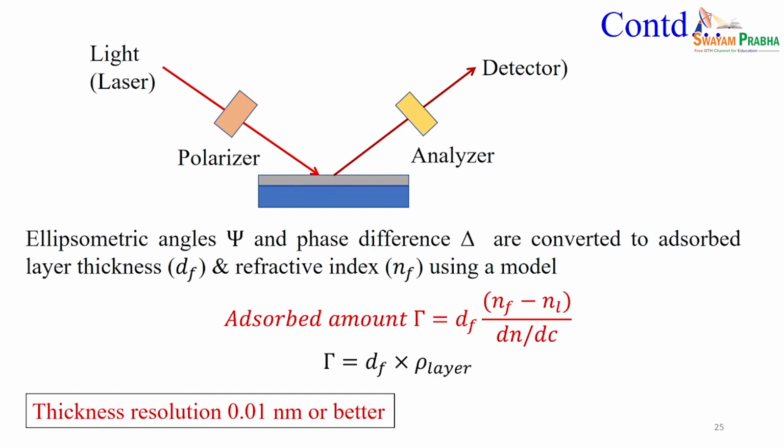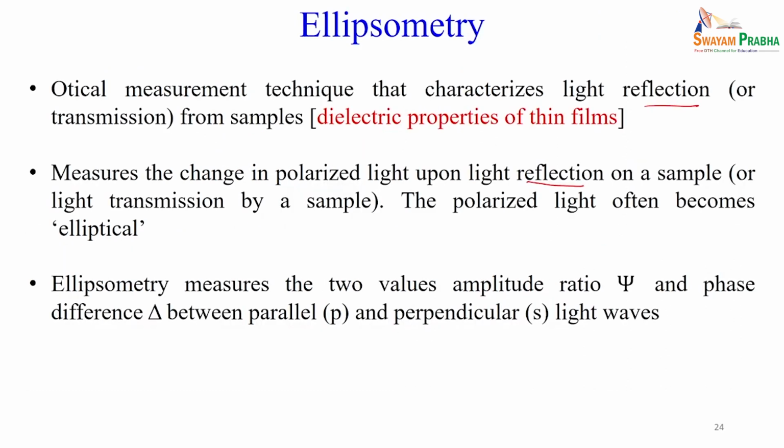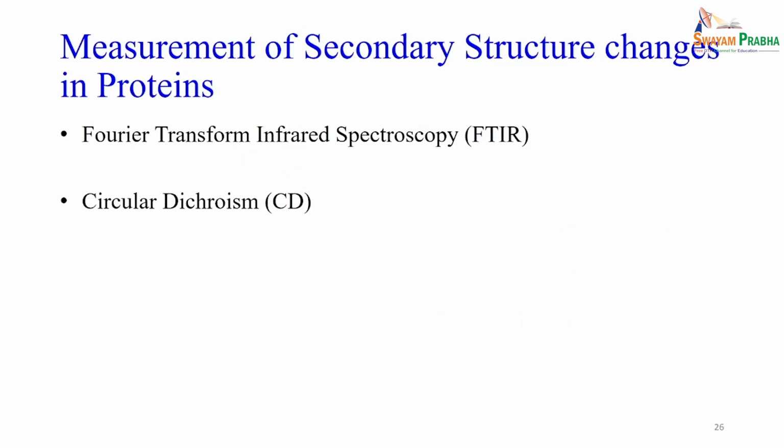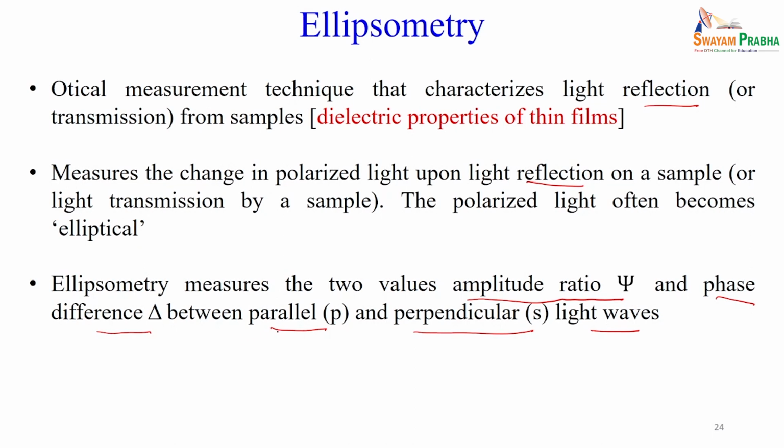So, during this process we monitor the amplitude ratio as well as the phase difference between the parallel and perpendicular light waves. So, whatever light waves are coming, we can draw what is its value in the parallel and the perpendicular directions.